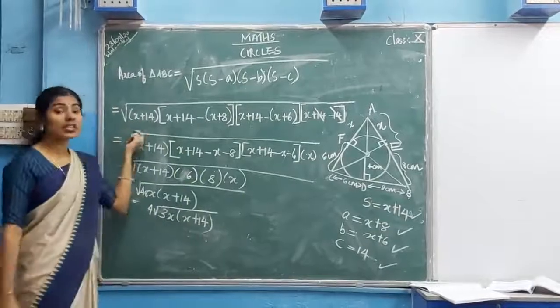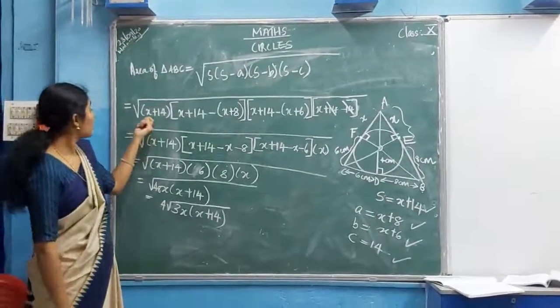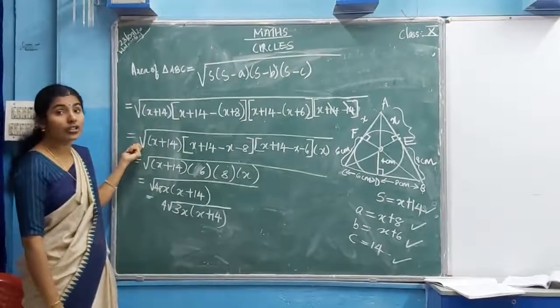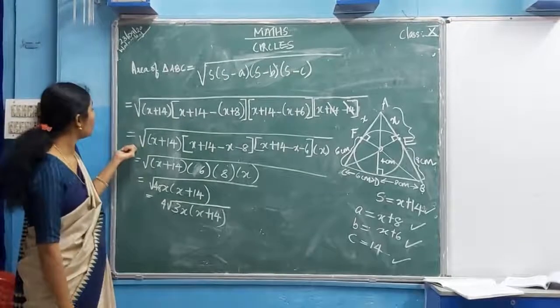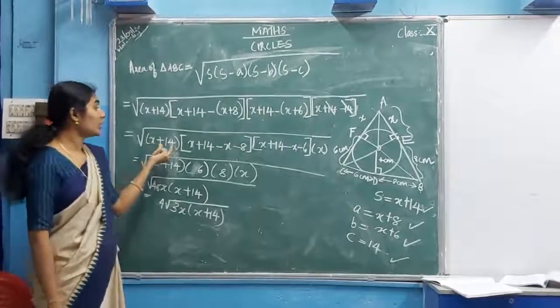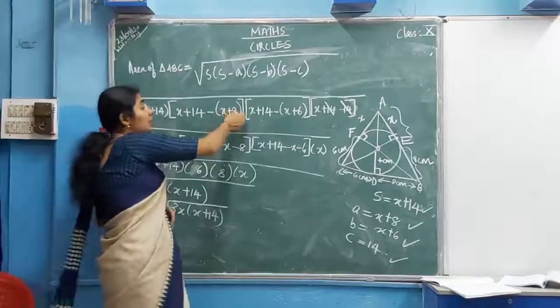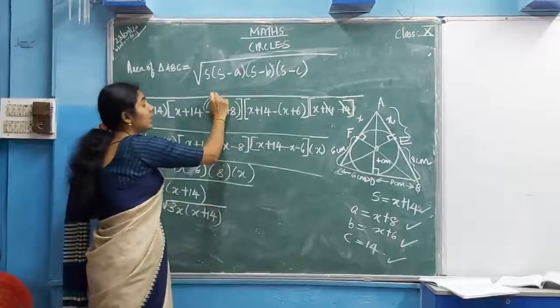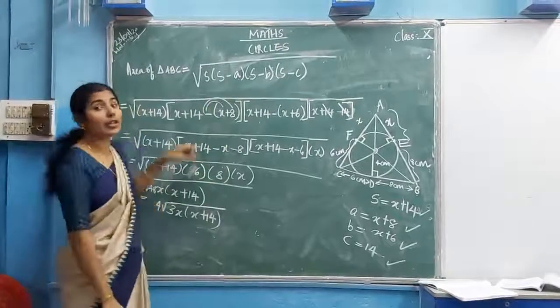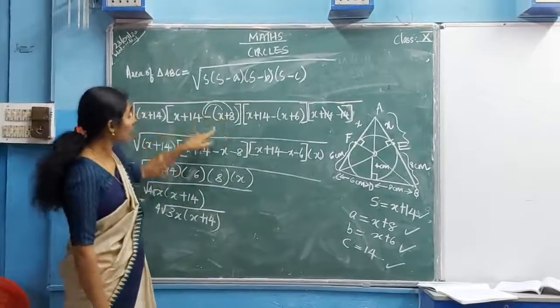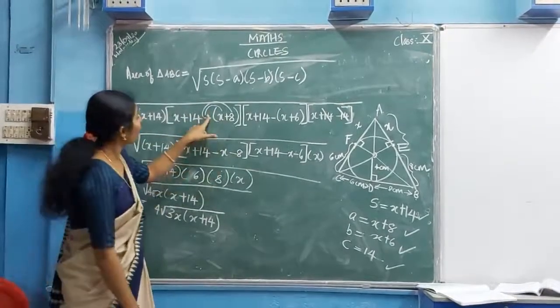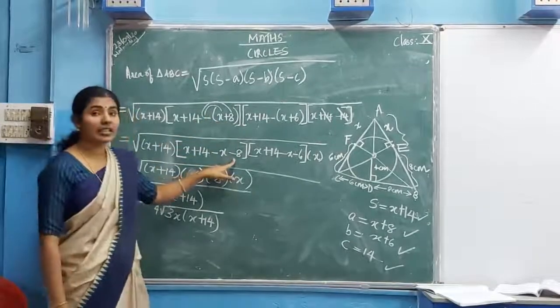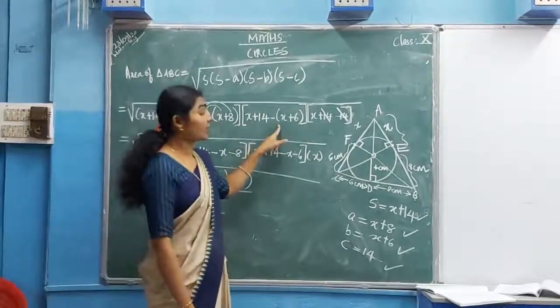Now again we will continue this one. When you are continuing, what will you get? Square root of x plus 14 into. Now you open this bracket. How will you do? Minus, you should multiply with each term. So what will you get? Minus of x is minus x. Minus of 8 is minus 8. Now the next one.